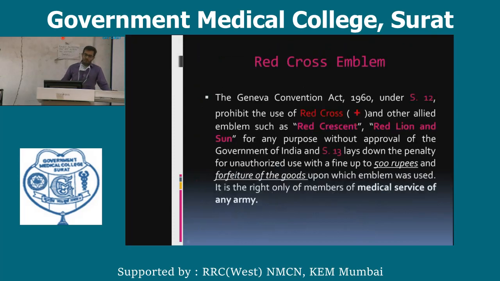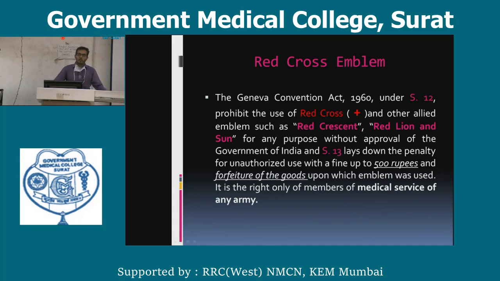Now, the Red Cross emblem. According to the Geneva Convention Act 1960, Section 12 prohibits the use of the Red Cross and other allied emblems such as Red Crescent, Red Lion and the Sun for any purpose without approval of the Government of India. Section 12 says we have no right to use the Red Cross, Red Crescent and Red Lion, because these are only for the members of the Red Cross Society.